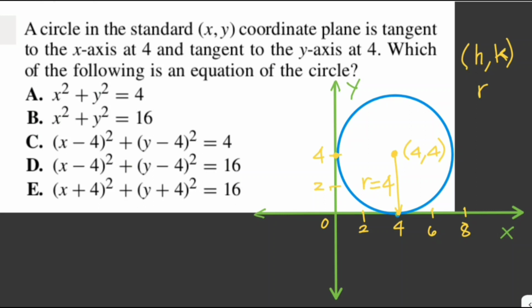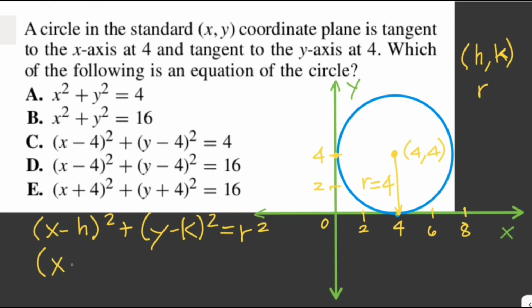And now we can write the equation of the circle. So the equation of the circle is x minus h squared plus y minus k squared equals r squared. And then we plug in the value of the center. So that is (x minus 4) squared plus (y minus 4) squared equals the radius, which is 4 squared.